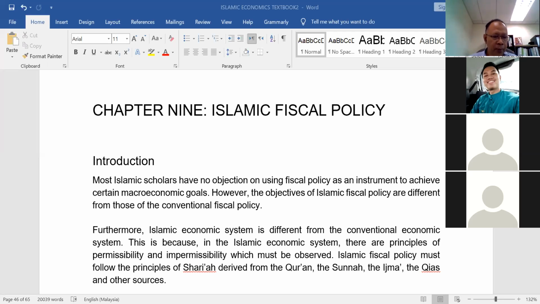Dulu kolej Islam Kelang. Saya dulu mengaji pondok. Lepas tu pergi kolej Islam Kelang. Daripada kolej Islam Kelang pergi ke US. So, cita-cita nak jadi ustaz. Tapi tak jadi ustaz sebab terpilih untuk sambung ke US. Kalau tak ke US, saya nak ke Al-Azhar lah.